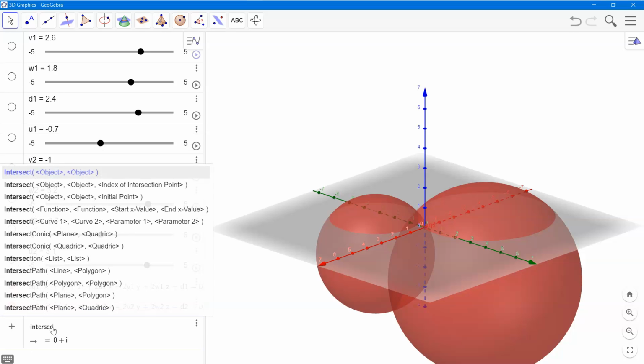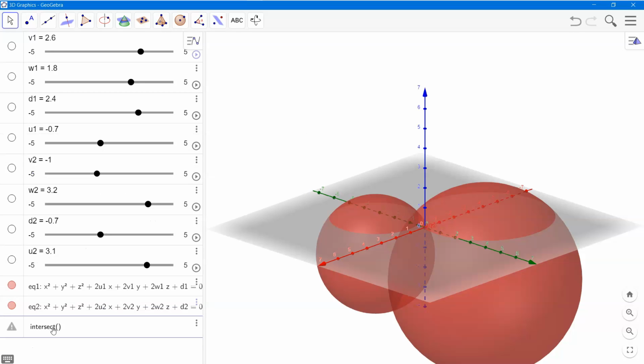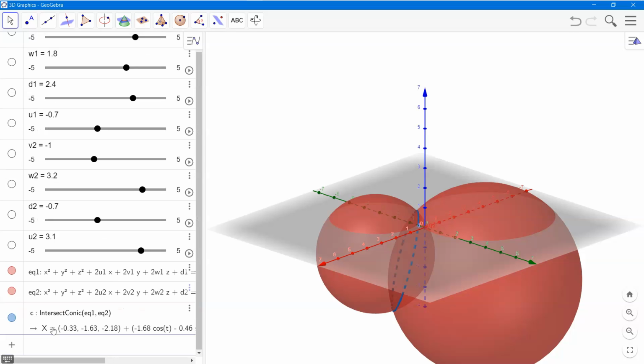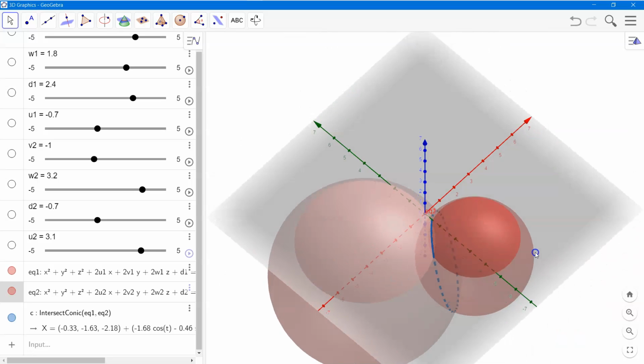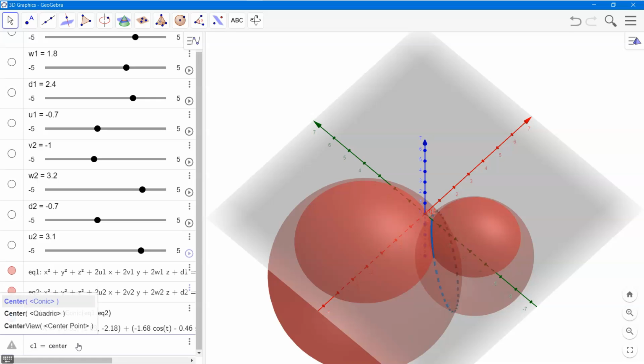So let's plot that intersect eq1 comma eq2. See here, this is the intersection. Okay, and now let's identify the centers, right? So c1 is equal to center of eq1.